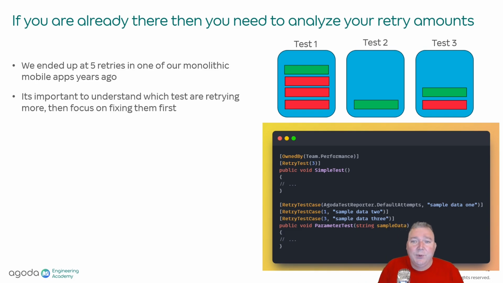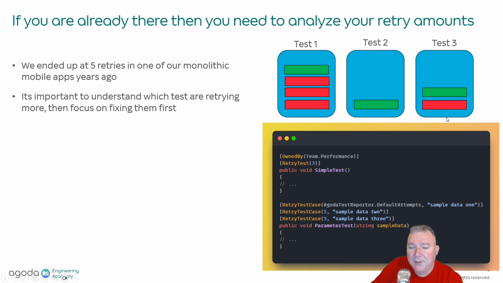So it's important to understand which tests are retrying. In this simple example, test 1 failed 3 times, and on the 4th time it passed. Test 2 passes straight away. Test 3 fails the first time and then passes. This is what you want to start tracking, right?